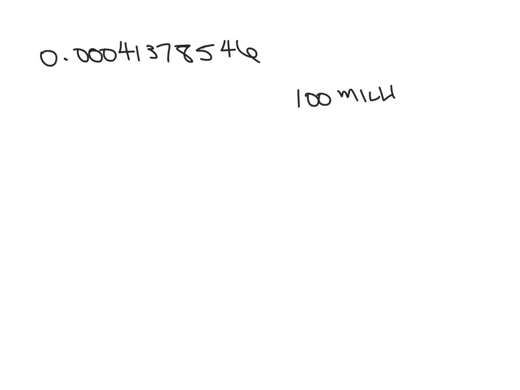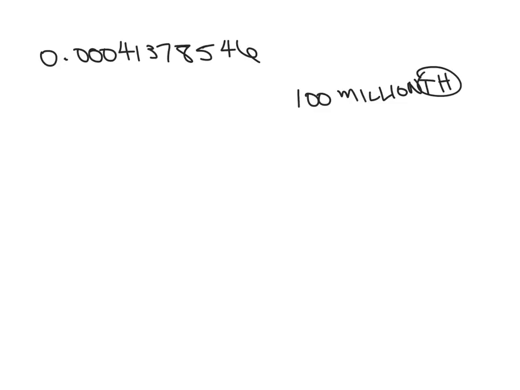Alright, let's keep going. This is the 100.3 example: 41378546. We're rounding it to the nearest 100 millionth. And again, there's a TH there, so we know we're somewhere to the right of the decimal.